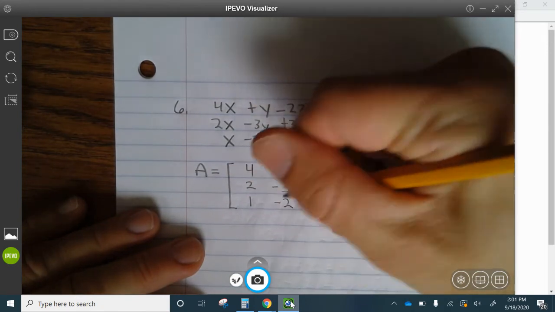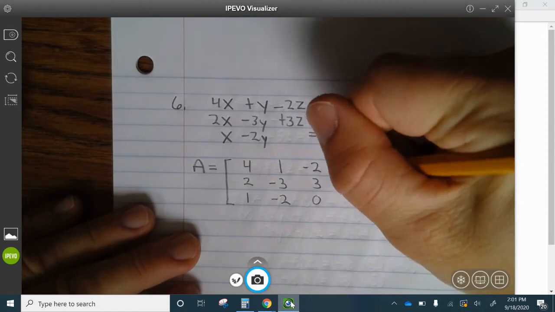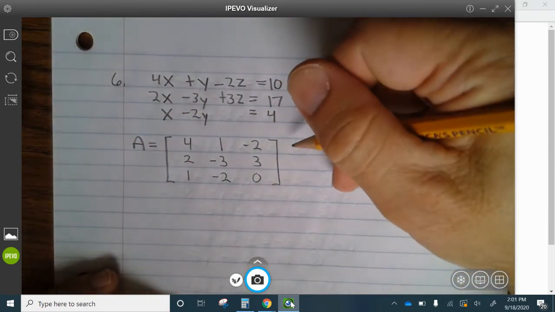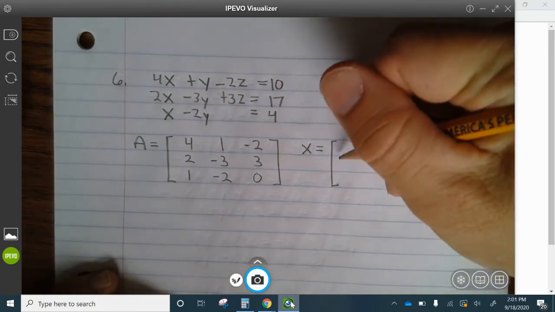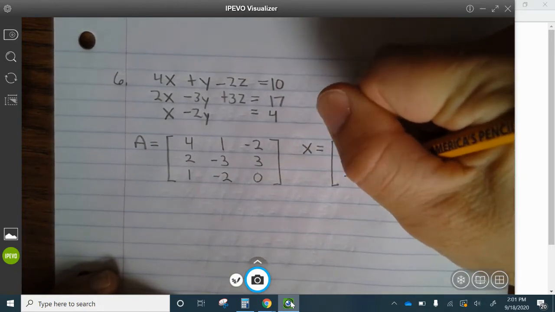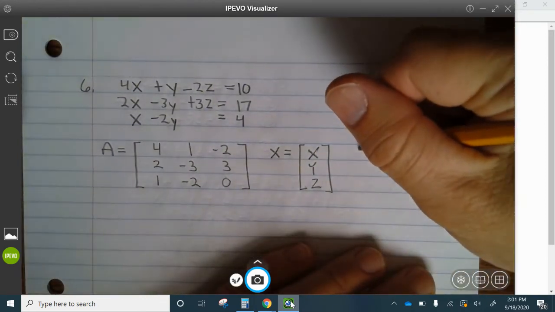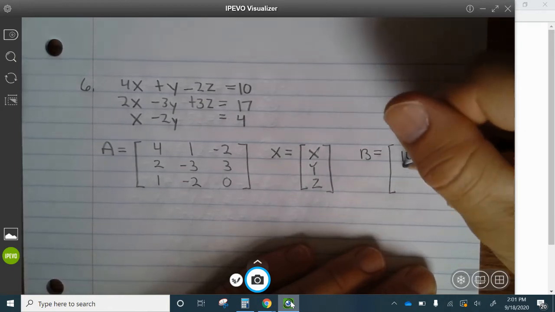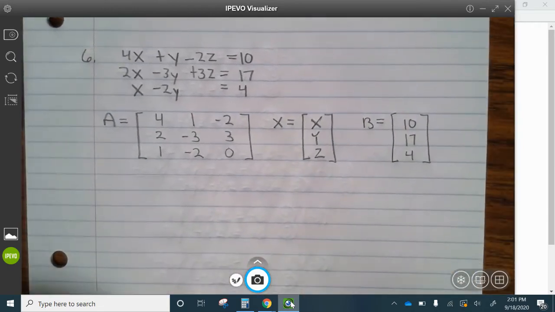And b is 10, 17, 4. Okay. Now we know that AX equals B. So we multiply A inverse times AX equals A inverse B. So X equals A inverse B.